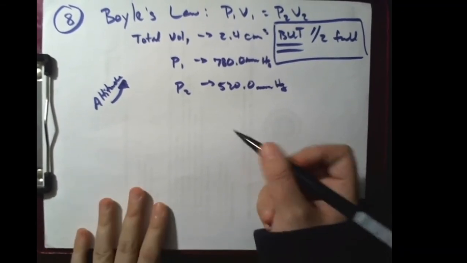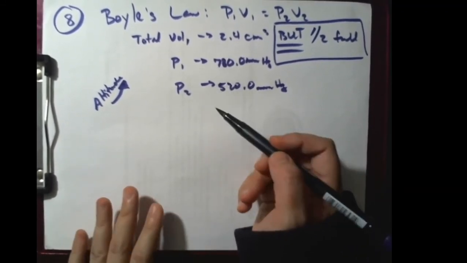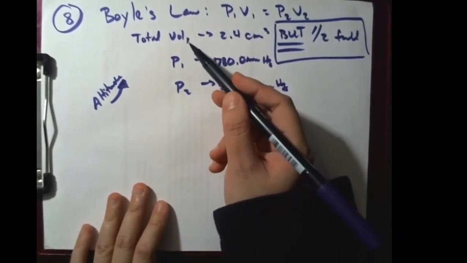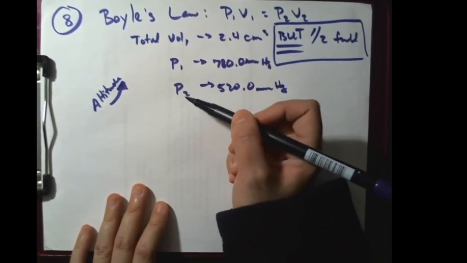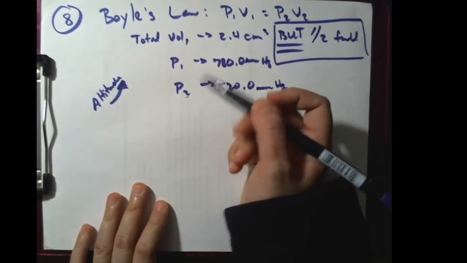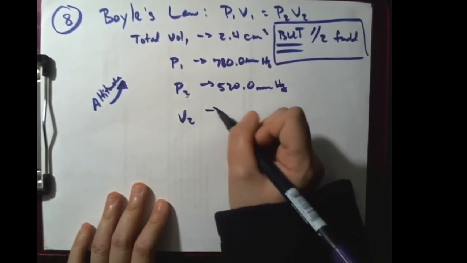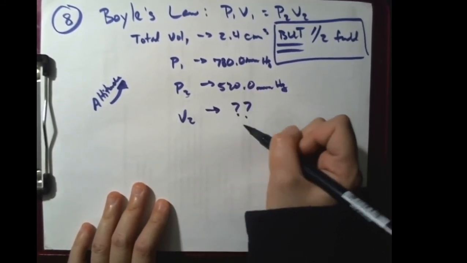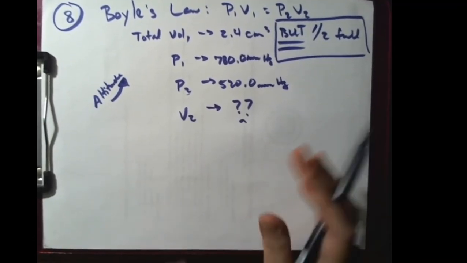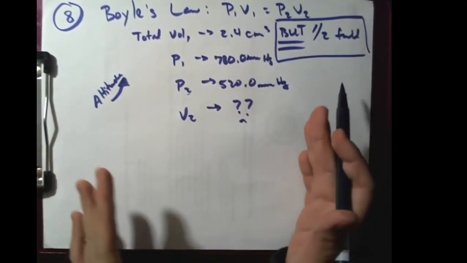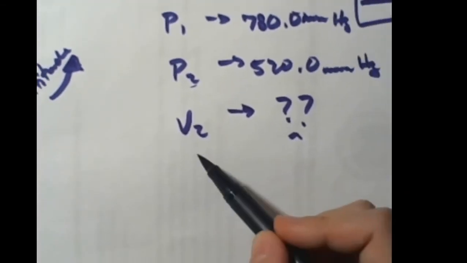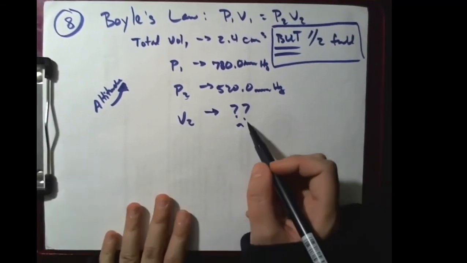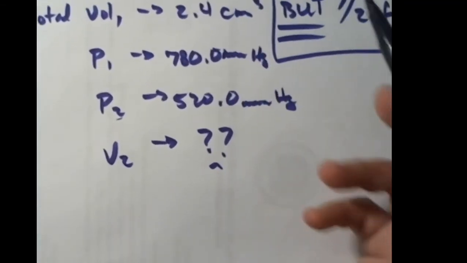Well, let's focus on what we have so far. We have our initial volume, our initial pressure, and our final pressure, which means we're looking for a final volume. I know there's a lot of extra information, but let's focus on what we have. So we have volume 1, 2.4, pressure 1, 780, pressure 2, 520, volume 2, we don't know.